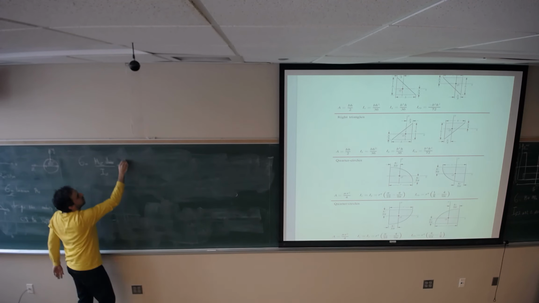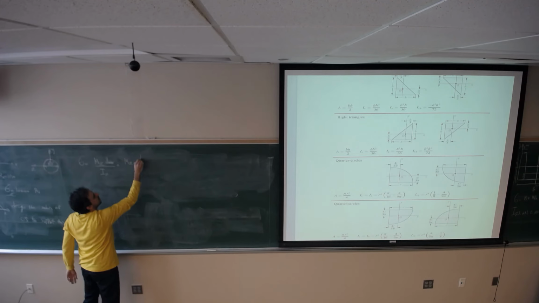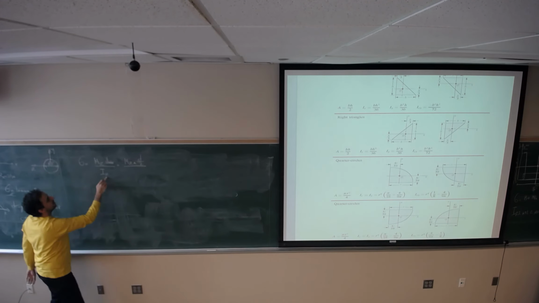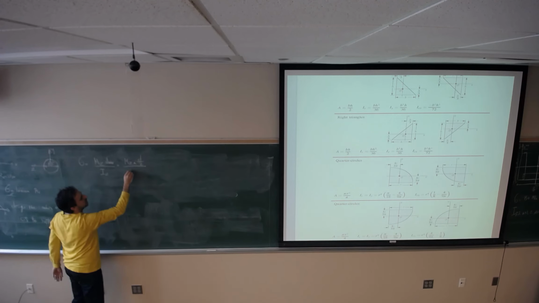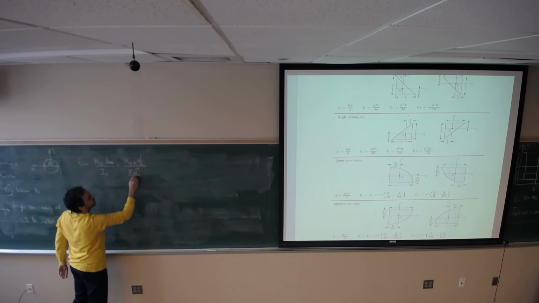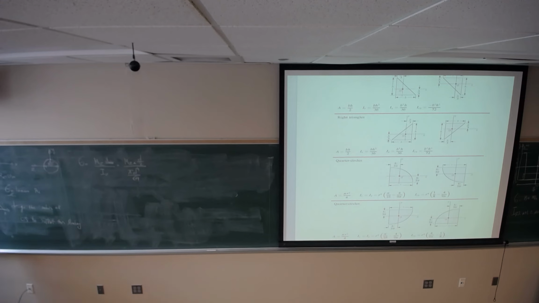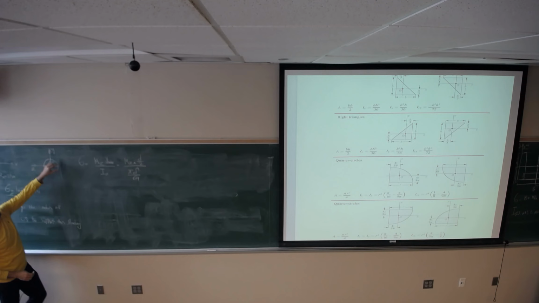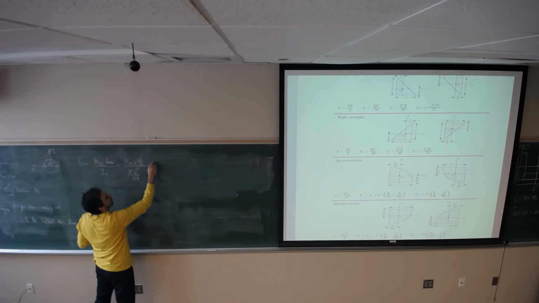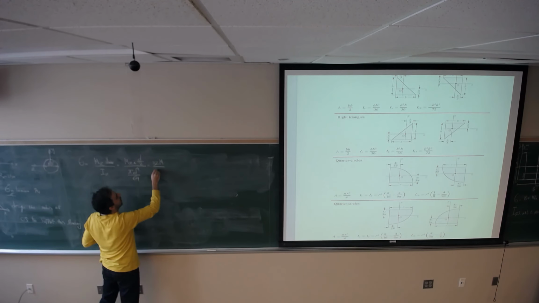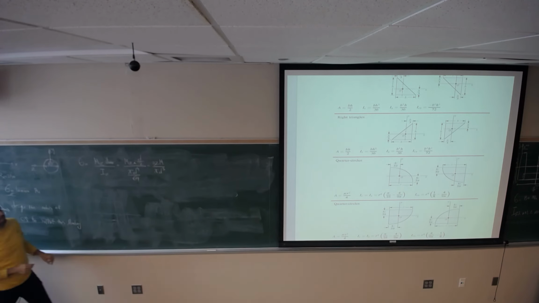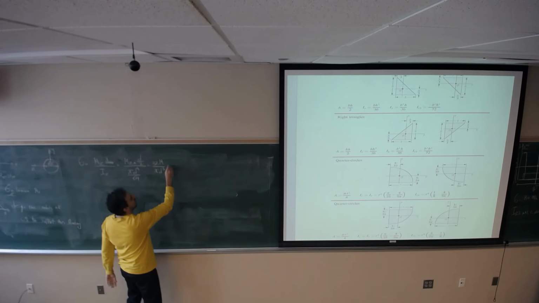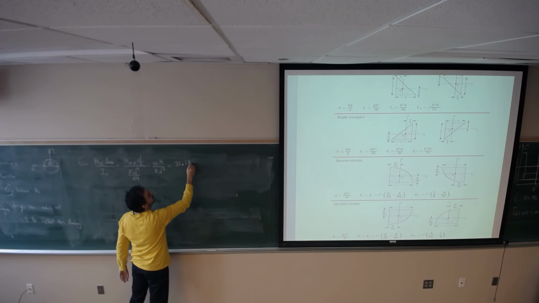So it's Mz times d over 2, and Iz for the circular cross section is pi d to the power 4 divided by 64. It gives me 32M divided by pi d cubed. The moment is 1,800, so 32 times 1,800 divided by pi d cubed.